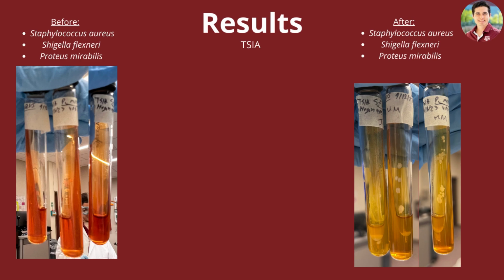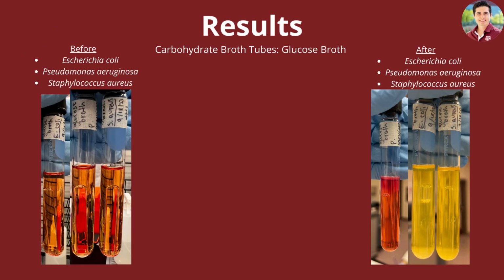So all three of these bacteria are facultative anaerobic, saccharolytic, and utilize those sugars. The saccharolytic bacterium will utilize that glucose in the medium, producing acid byproducts, thus the whole tube will be yellow.